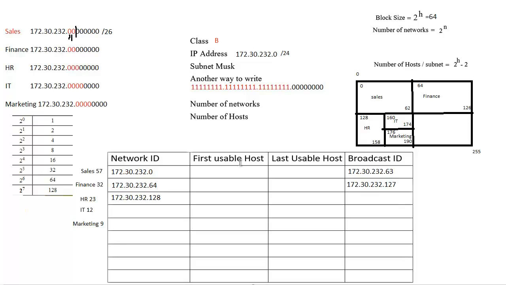The first usable host for this network is just next to the network ID, so that will be 1.